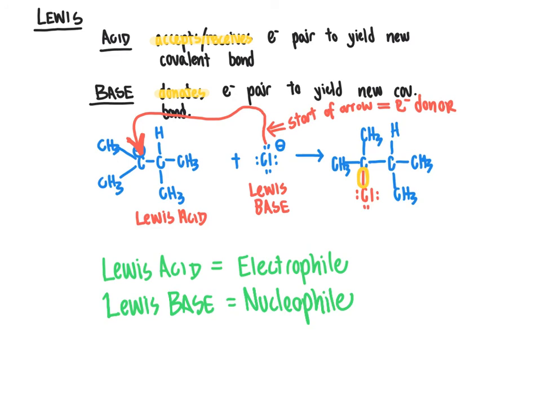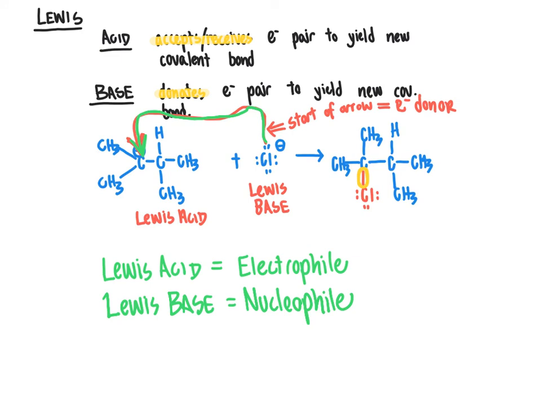It wants access to a nucleus. That is why it is donating an electron pair to come over and mate with the electrophile. So nucleophiles and electrophiles are the match made in heaven here. The nucleophile really wants access to a nucleus. The electrophile really wants access to electrons, and the nucleophile has that excess of electrons to provide to it.